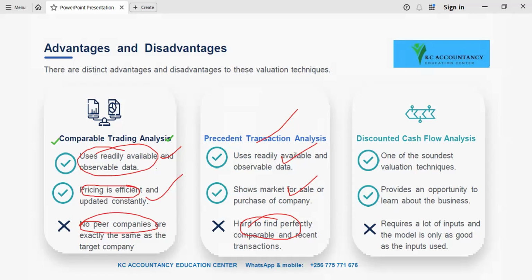Finally, let's take a look at the discounted cash flow techniques, because that's our best method. As we look at the DCF analysis, it is a very sound valuation technique.